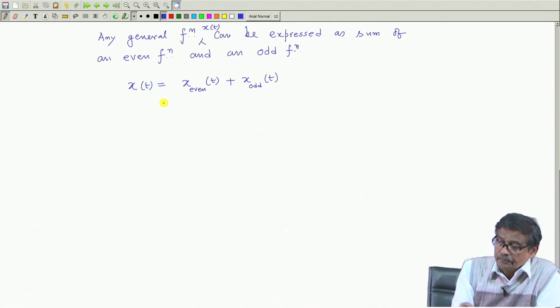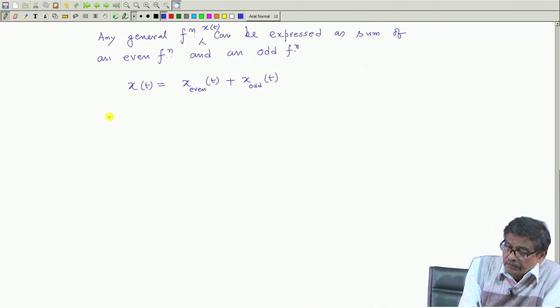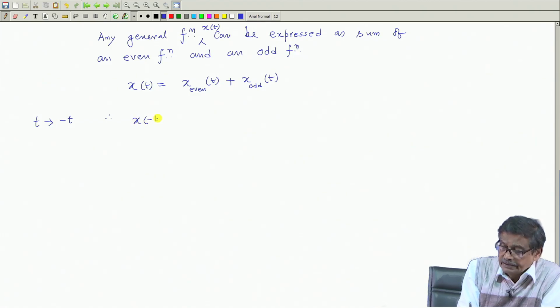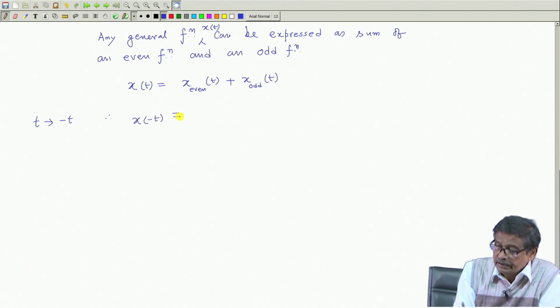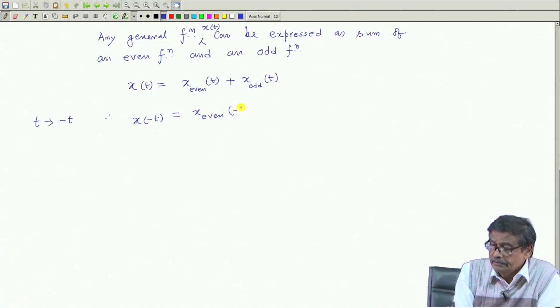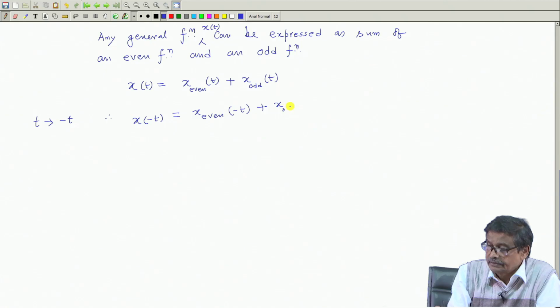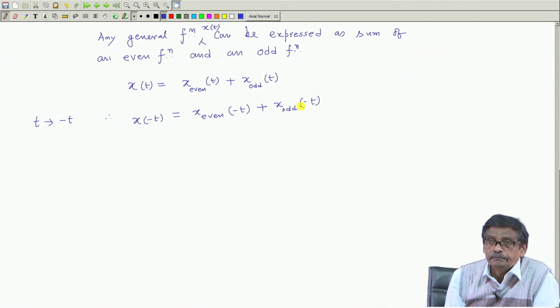For example, replace t by minus t, then x(-t) on both sides, I will write it x even(-t) plus x odd(-t). This I can do.